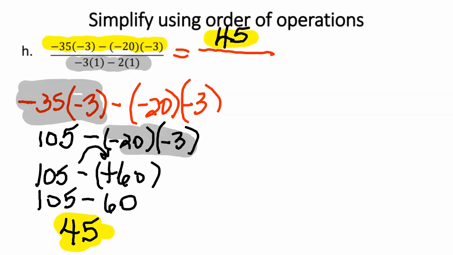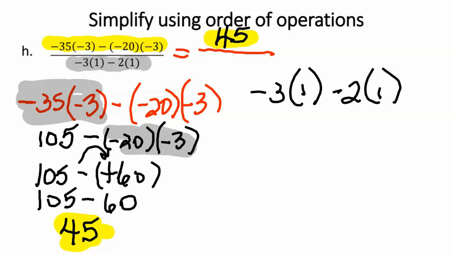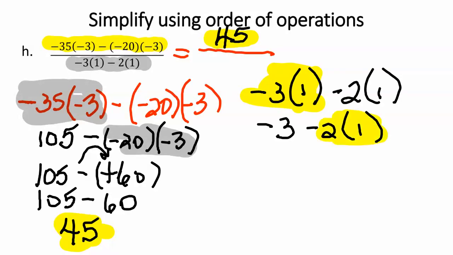Well, now I need to take -3, 1, -2, 1. These two are going together. This will give me a -3 minus 2 times 1. But remember, these two have to go together. They're multiplying.